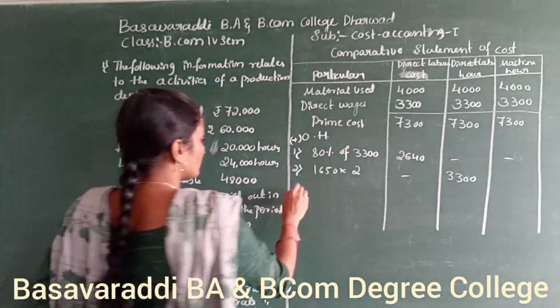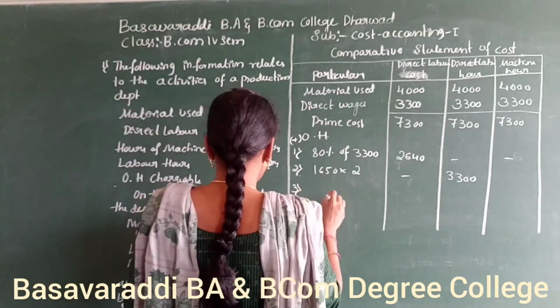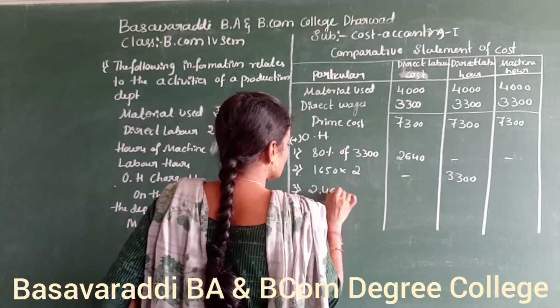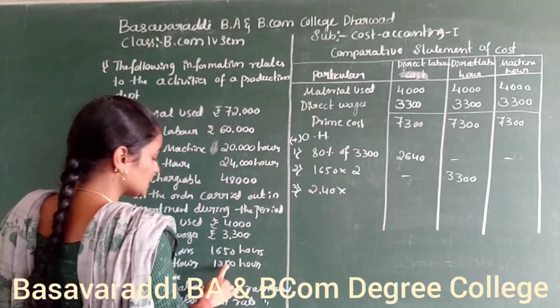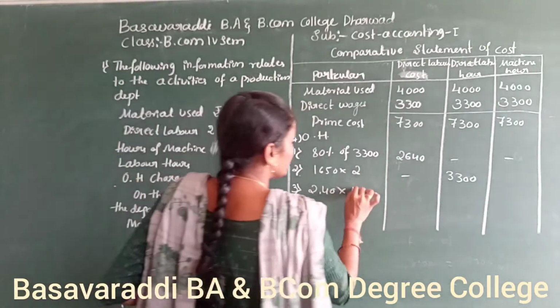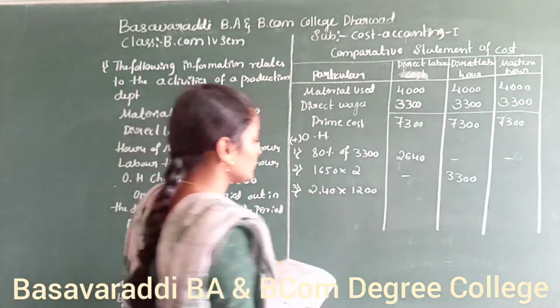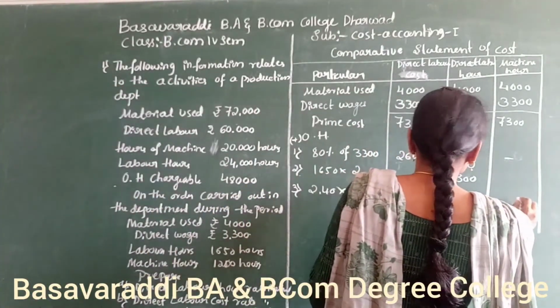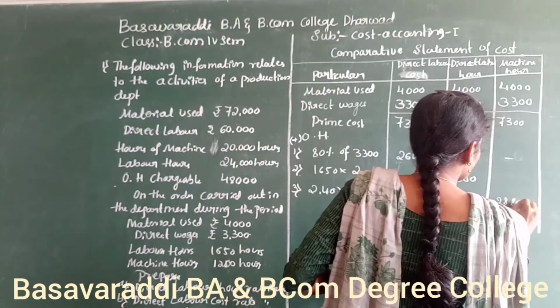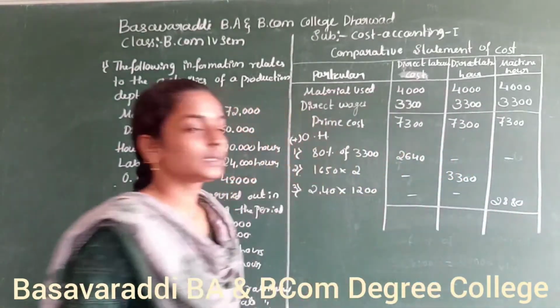3,300. Next, working note number 3. Working note number 3 was how much? 2.40. So here the machine hour is 1,200. 1,200 into 2.40 is 2,880.